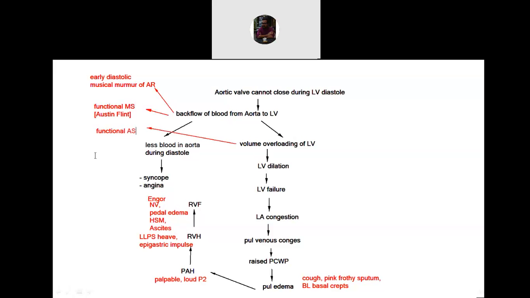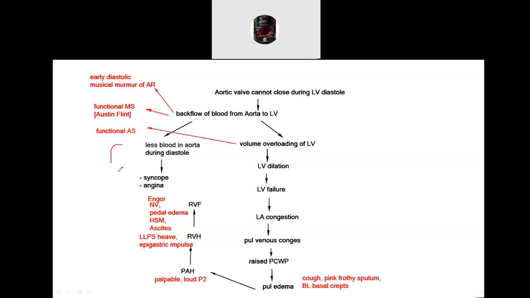Presence of the paradoxical split, presence of heart failure, a loud P2, right ventricular failure, very good, engorged neck vein. That means in the flow chart, as you are moving downwards, the disease is becoming more severe. So anything that you collect from the lower part of the flow chart, they are indicators of severity. Wonderful. I'm glad to see that you are developing a good conception in this. So I hope the phobia of valvular heart disease will no longer be there. You have to visualize the valvular heart disease and accordingly make your answer. Very good. These are the indicators of severity of aortic stenosis.